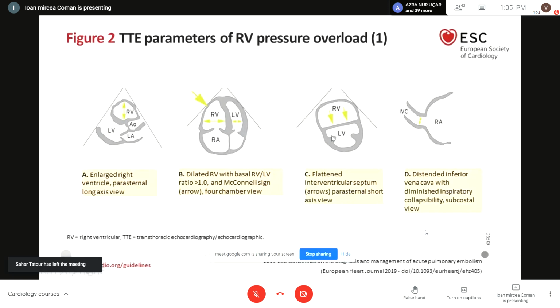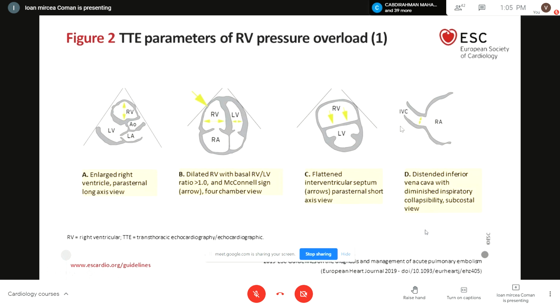Normally, the interventricular septum is coming towards the left ventricle, helping it because it has a greater pressure overload. Here, because of the right ventricle overload, the interventricular septum is flattened, yes. So we have the D letter sign of the left ventricle.